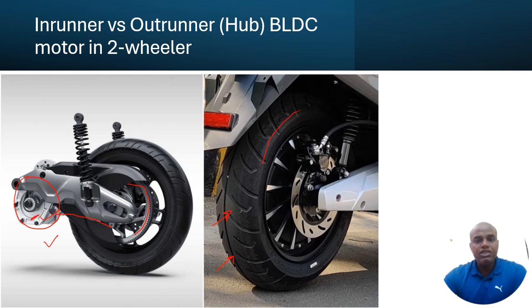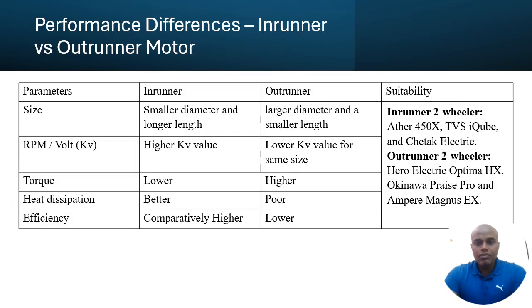In comparison, installing the in-runner motor for two-wheelers requires more components and is a more complex system than the outrunner or hub motor. So let's talk about the performance differences between the in-runner and outrunner motor.